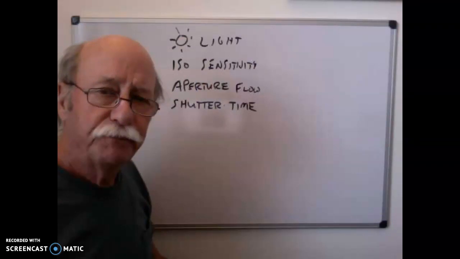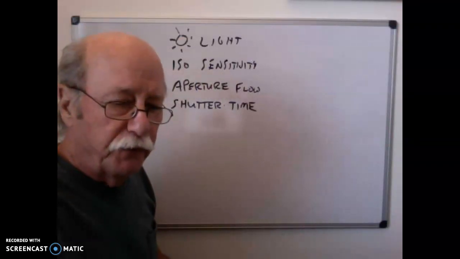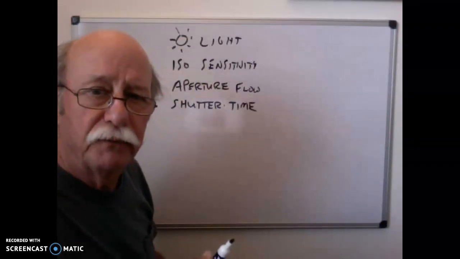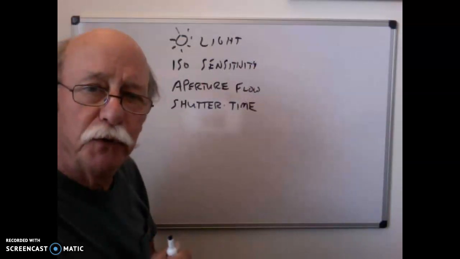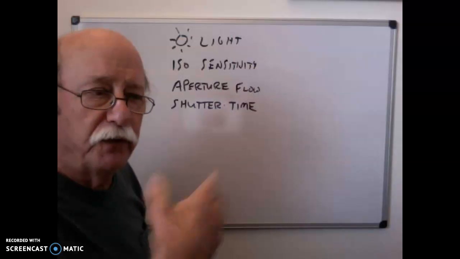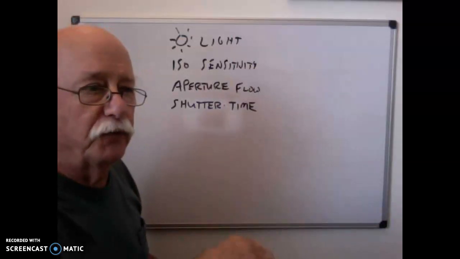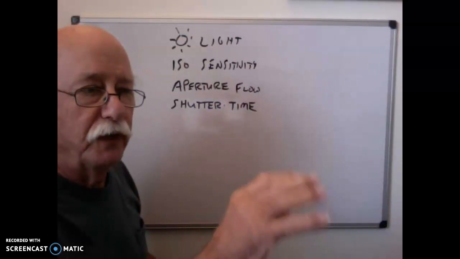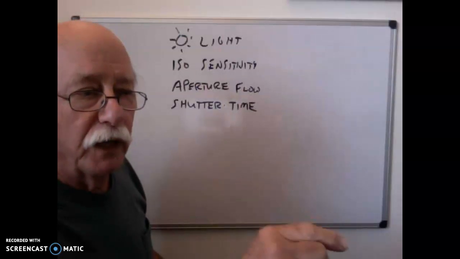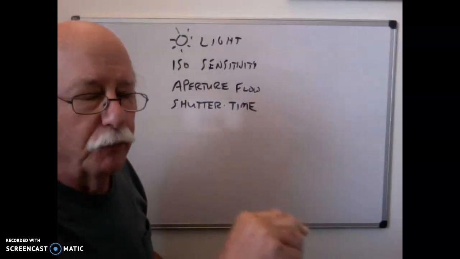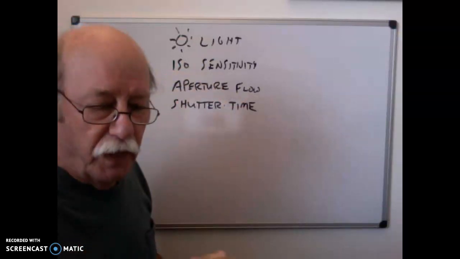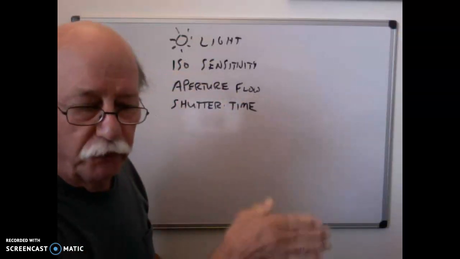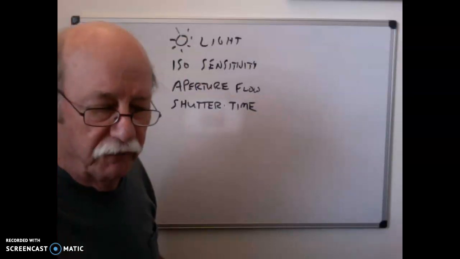It's a number. And I'm going to briefly go back to George Eastman, the founder of Kodak. He would take his new film to the American Standards Association. They'd do a test. They would take a bunch of exposures out in the sunlight using f16, size of the aperture, and they would shoot from 1 second to 250th of a second.